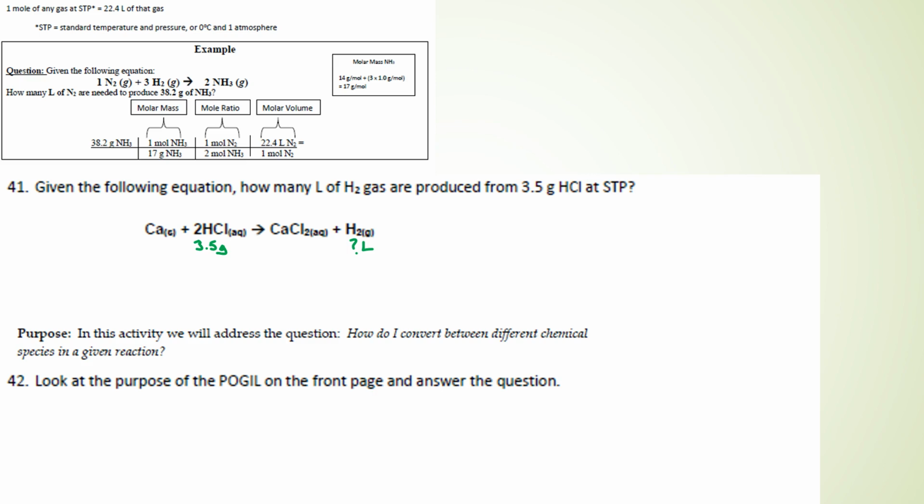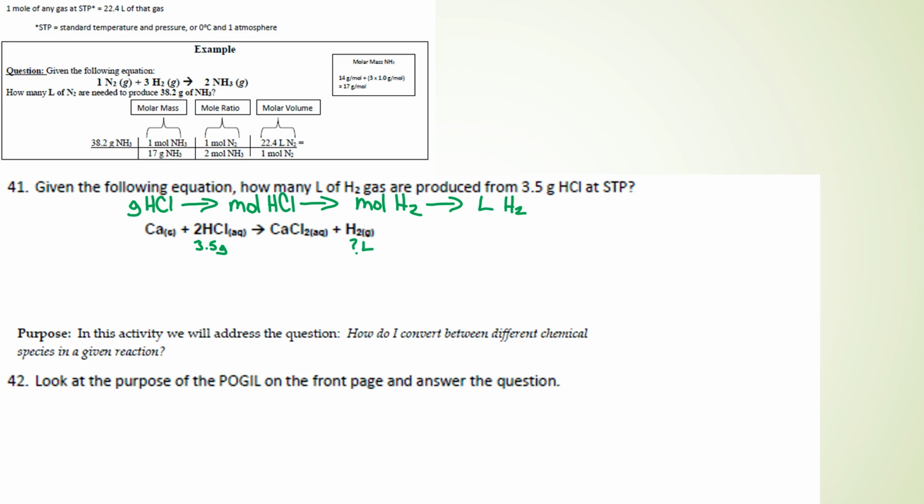I'm starting off with grams of HCl. What's the first step? I need to get to moles of HCl. From there, I can get to moles of H2, and then from there I can get to liters of H2.